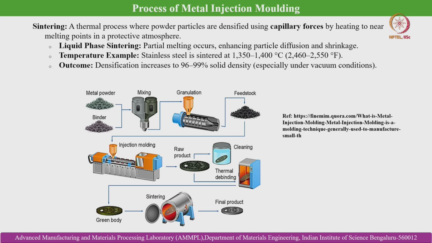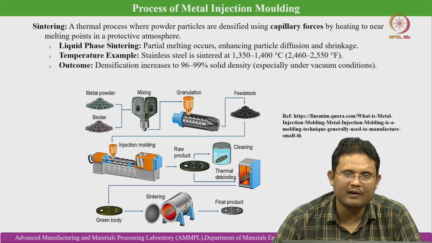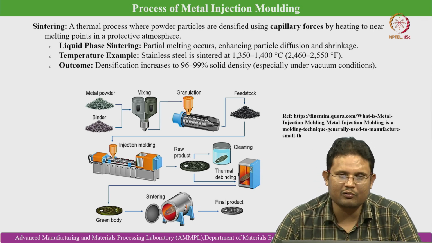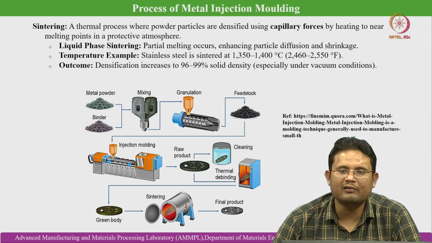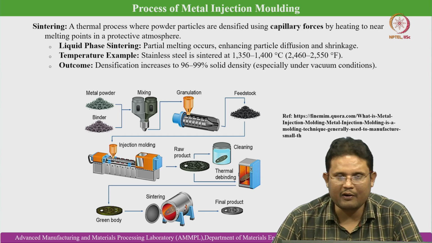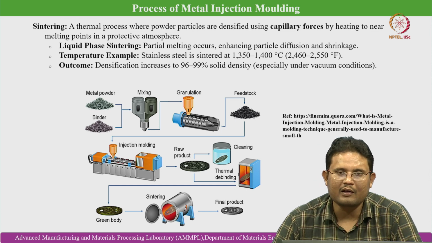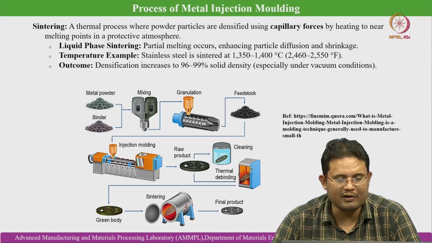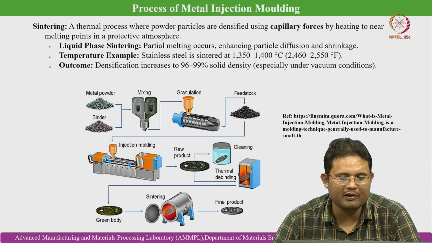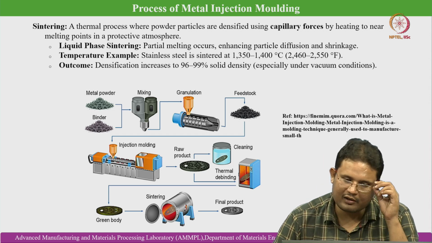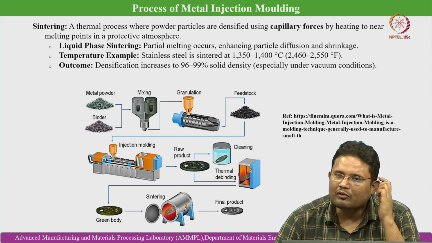For example, stainless steel is sintered around 1350 to 1400 degree centigrade, and again it has to be maintained in an inert gas or vacuum environment to avoid oxidation, which can cause rejection of the sintered part. The outcome is that densification increases to 96 to 99% of the solid density.